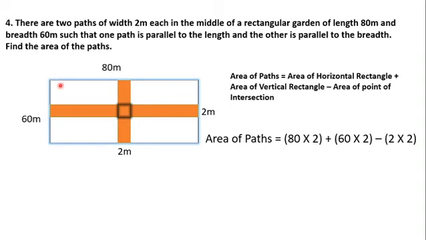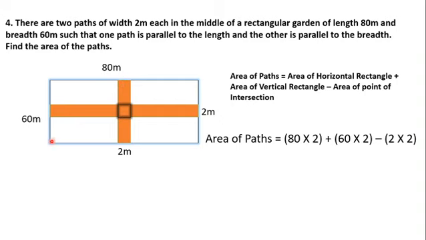So the length is 80, and the breadth, which is the width as well, is 2 meters, just like we were told in the question. So 80 times 2 will give us the area of the horizontal path or horizontal rectangle. And then for the other rectangle, the vertical one, the length of that would be 60 meters, which is parallel to the breadth of the garden.